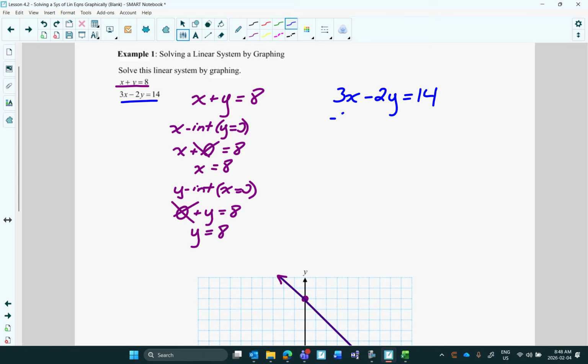So to get rid of 3x on this side, subtract it, which means I have to do the same thing to the right side. What does my equation look like after that? Well, I've got -2y still on the left side, and I've got -3x plus 14. Remember, you can't combine these two. They're not like terms.